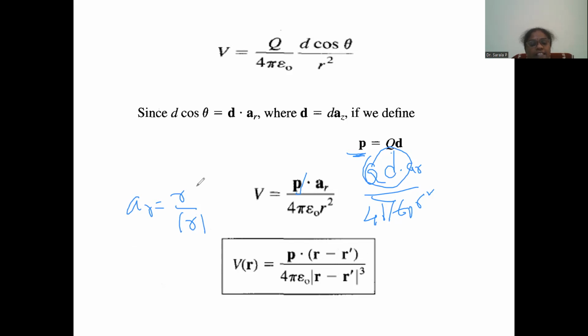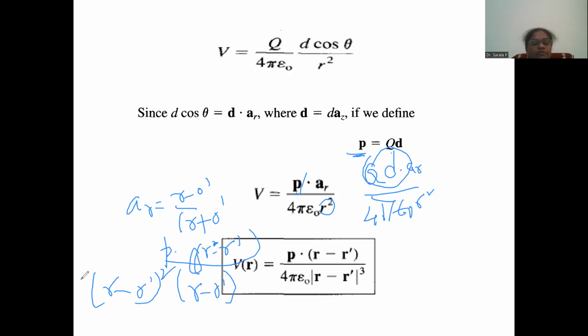If we write aR as (R minus R dash) by magnitude, then R square is also the magnitude of (R minus R dash) squared, and again multiplied by (R minus R dash), that is p dot (R minus R dash). Here 4 pi epsilon naught is common. So this becomes a square and one, that is cube.